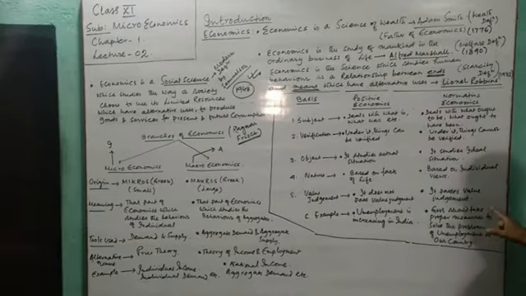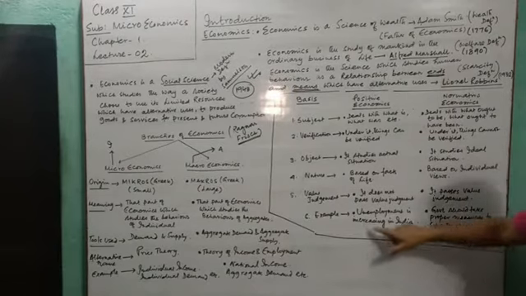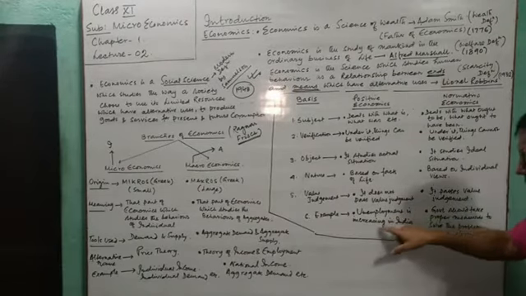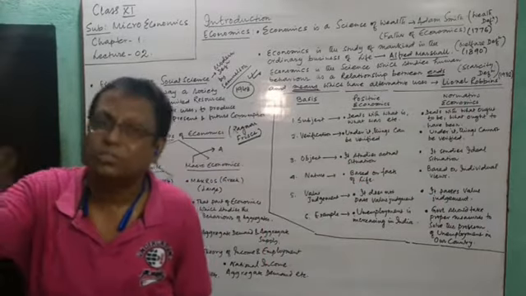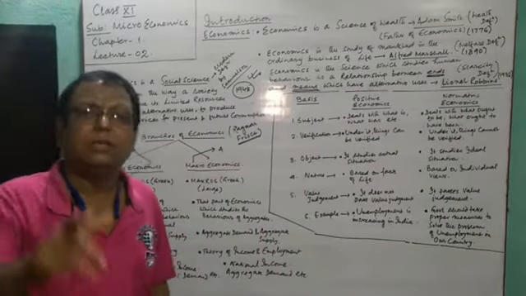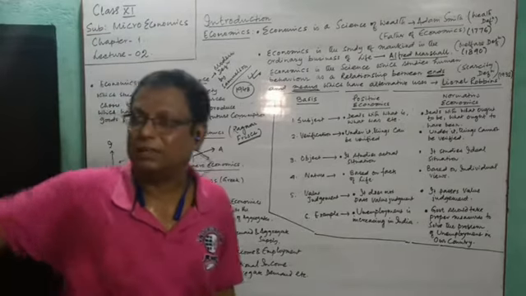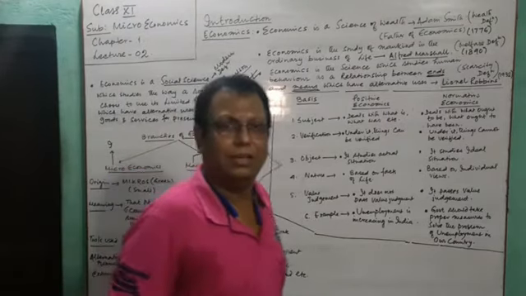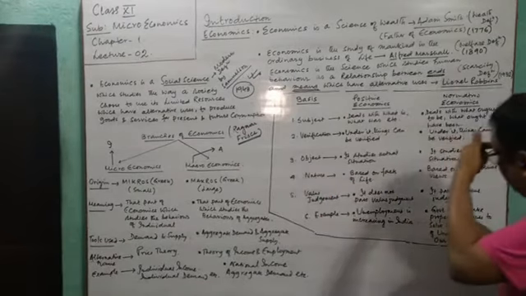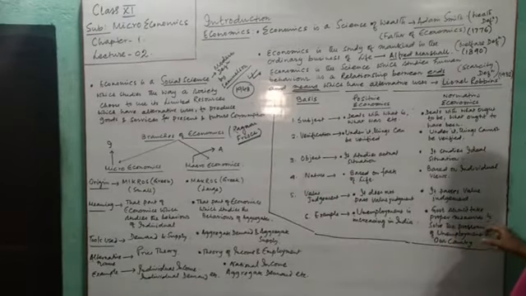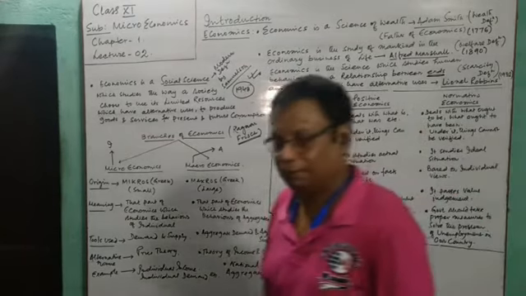Now, come to this. Unemployment is increasing in India is a positive statement. It is positive economics, because it is based on certain facts, we can see it. Yes, we are finding it. The statistics support it. On the other hand, the government should take proper measures to solve the problem of unemployment in our country.